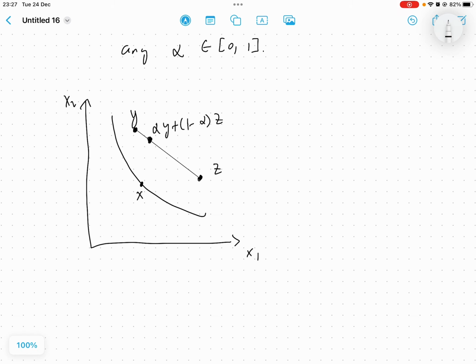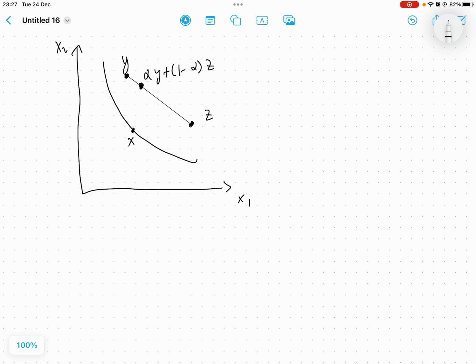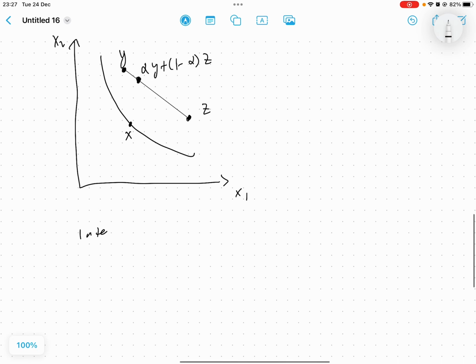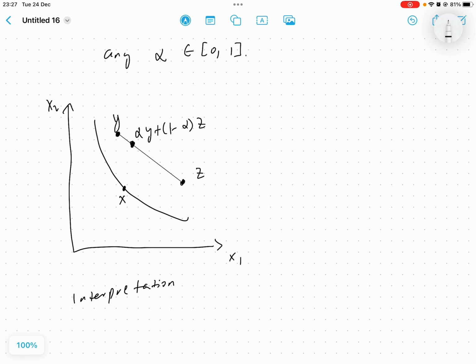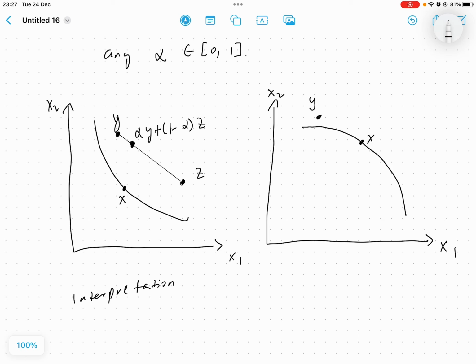Before the interpretation, let's draw another example, a counterexample where the preference is not convex. That will be easy. Let's just reverse this indifference curve, and suppose this is x, this is y, and this is z.